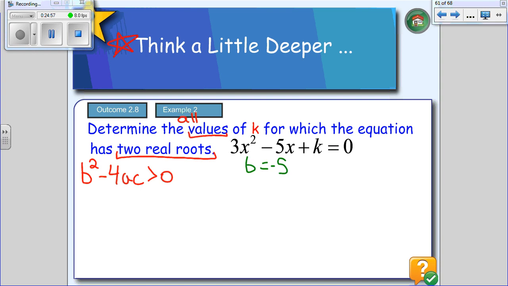What we do know is k. So we could put those things in and then rearrange it so k is by itself. That's how you solve it. So you're going to put those values in as if you're calculating the discriminant, and you know you want that number to be greater than 0.